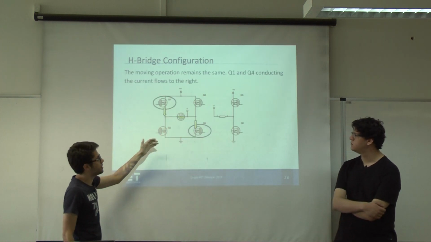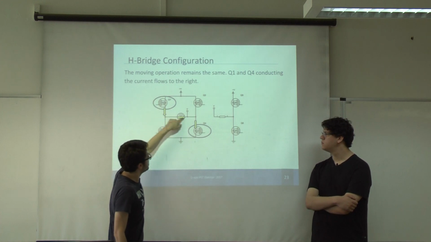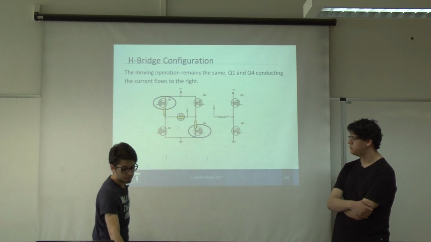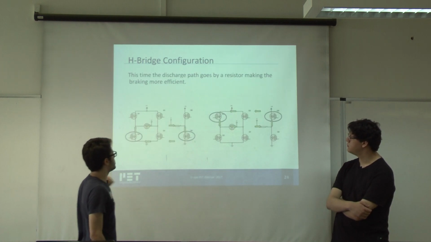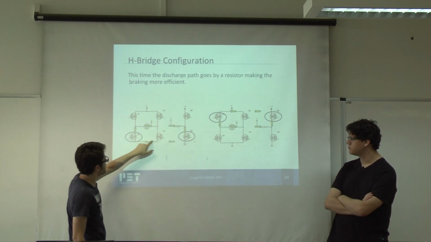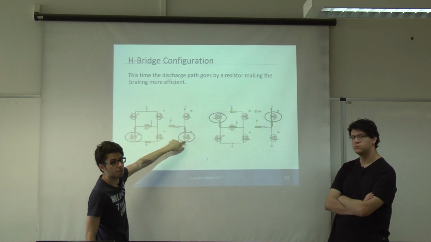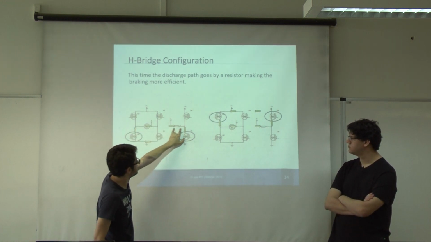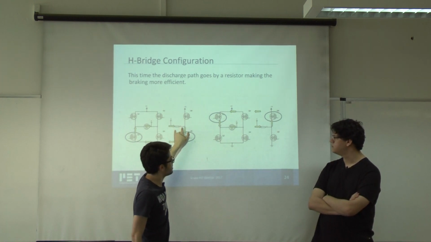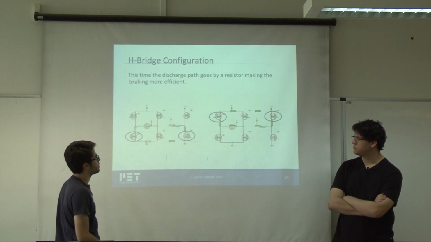So to operate this equal to the other one, you can do this just by activating Q1 and Q4. But now to discharge, you have to pass your current from here to here, right? Notice that the resistor is always in the way of the current.